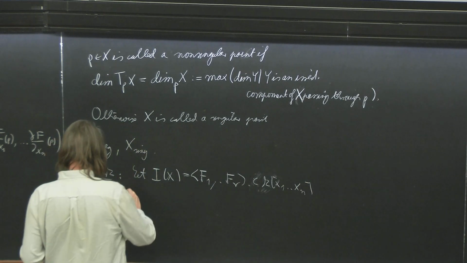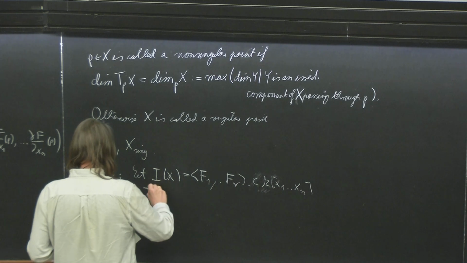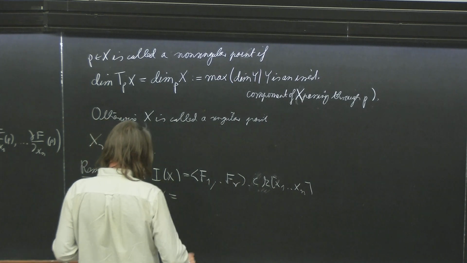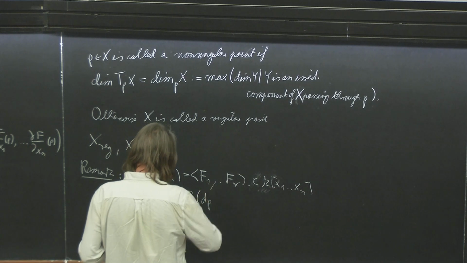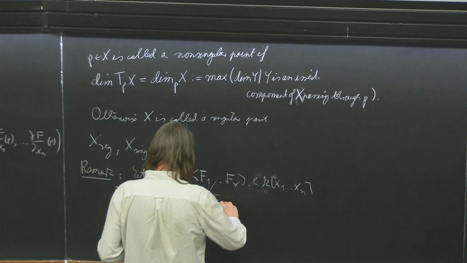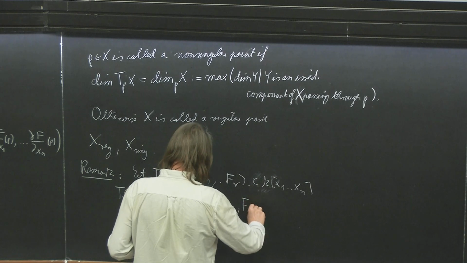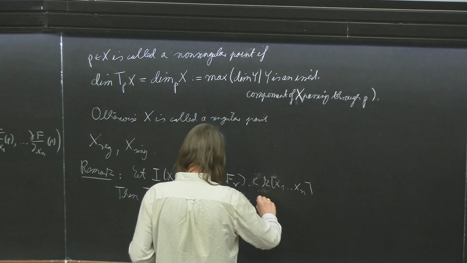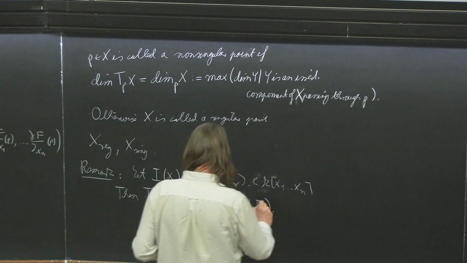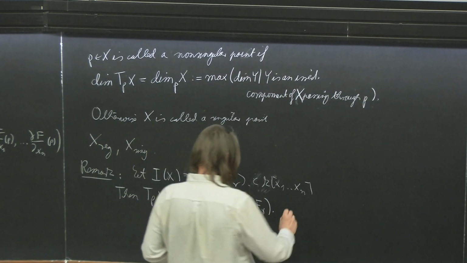Then the tangent space of X at P is just the zero set of the differentials of these polynomials, for P in X.